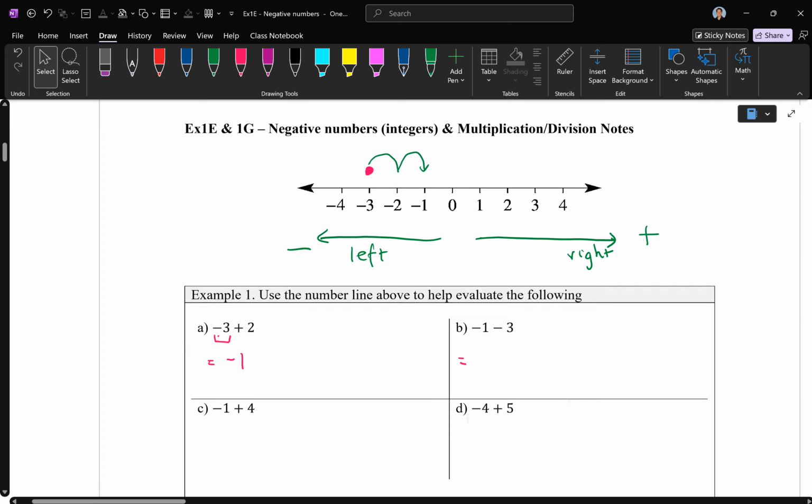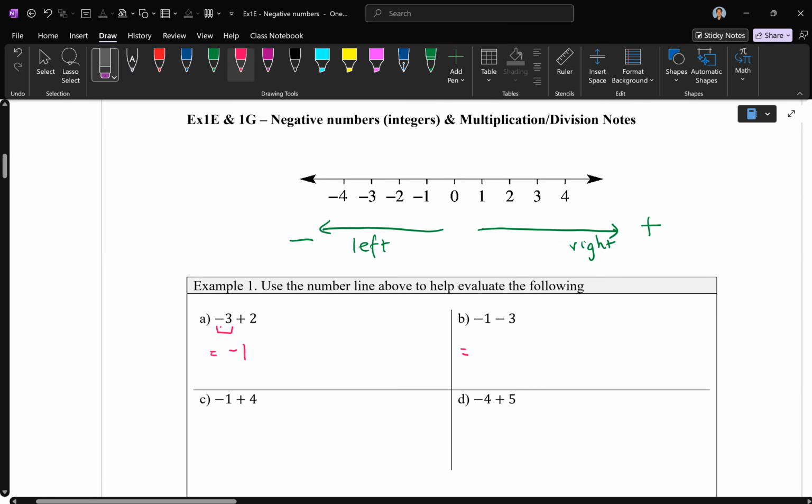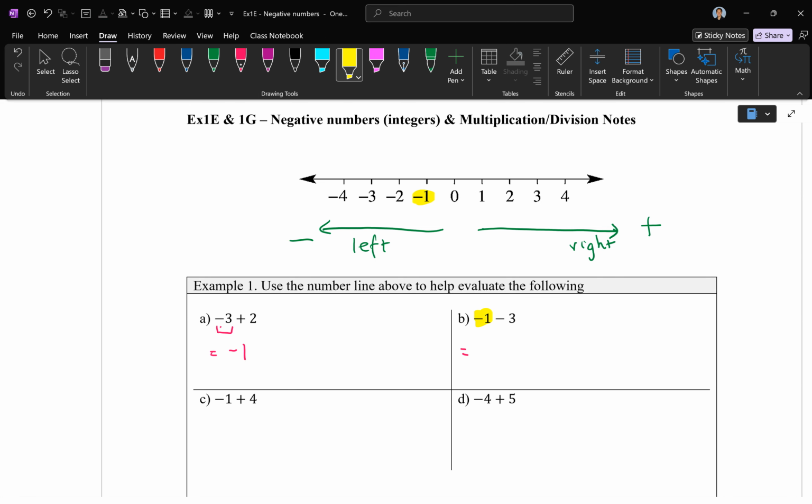Let's do the next problem. Same thing, -1. That tells me where I'm starting. I'm starting at -1. Here's -1 over here. I draw a dot there. I start at -1, and then it says here I'm minusing. Which direction am I going? Let's go with Tom. Going left, because minus is left, positive is right. So I'm going left.